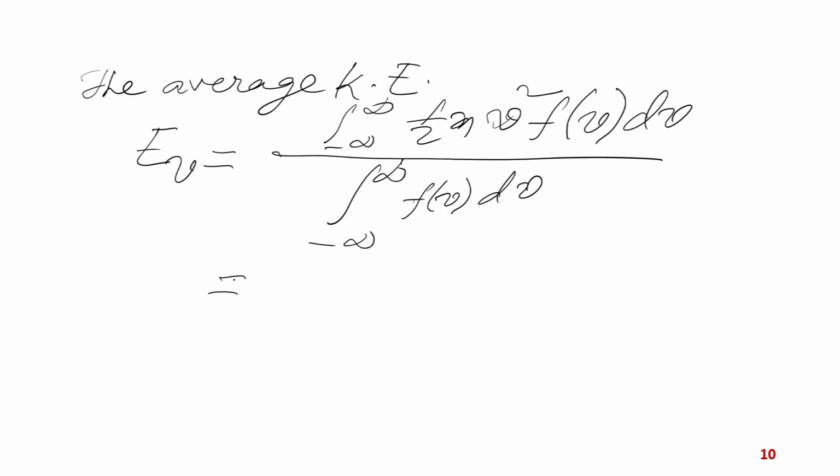You can substitute this distribution function and carry out both integrations in the numerator and denominator, and you can write this is equal to 3/2 k_B T, which we wrote initially.